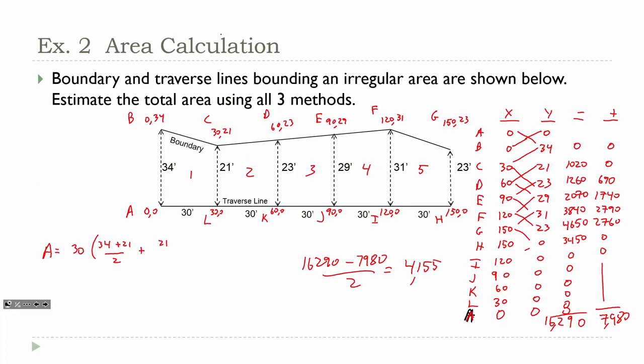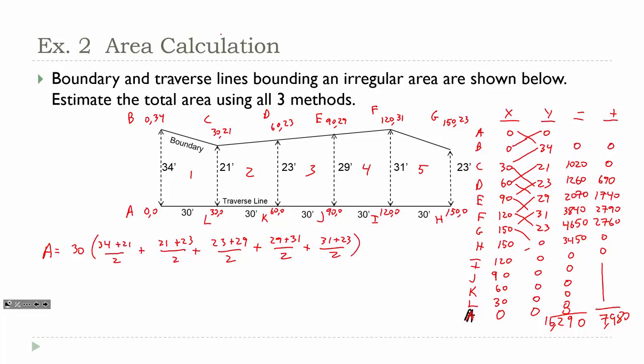So this would be 21 plus 23 divided by 2 plus 23. I'm going to erase this. That gives you 39.75 as well.